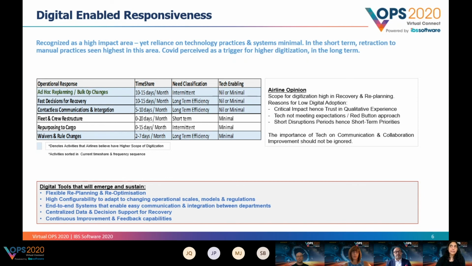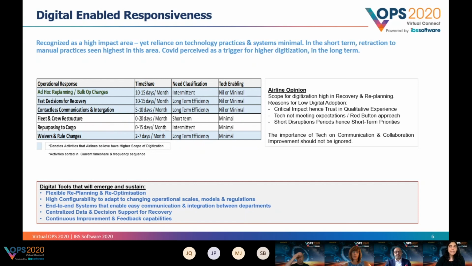And this also linked to the point that there would be more people working remotely, and instead of more physical discussions and decisions, which is more qualitative, there is a tendency to go back to more digital tools and look at data and come out with more data-oriented OCC people, which I'll come to in a bit. So the importance of data and the analytics that can be brought out of data to make quicker decisions was also one of the things that most of the airlines we talked about were saying will come out of this.